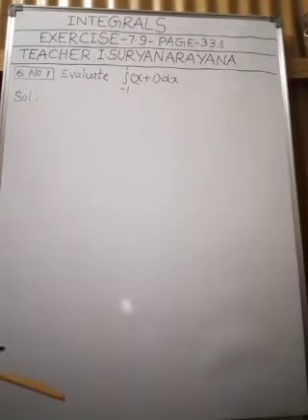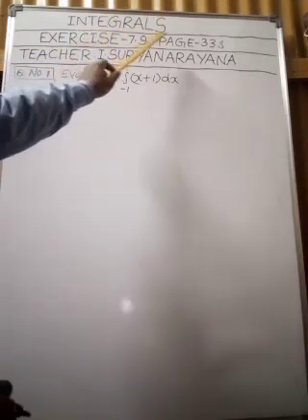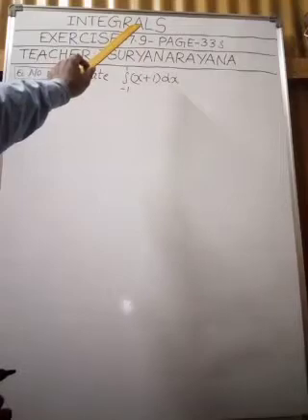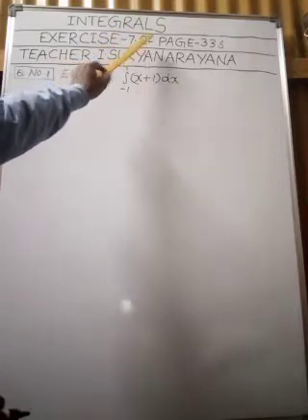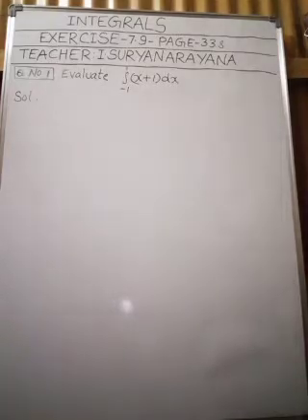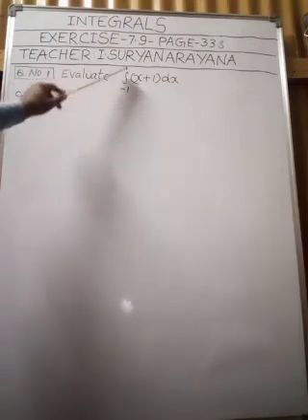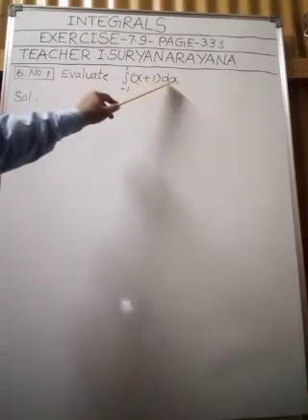The concepts of exercise 7.9 are completed. Now let us solve the problems in exercise 7.9, page number 338 in the textbook. See question number 1. Evaluate the integral from minus 1 to 1 of (x plus 1) dx.